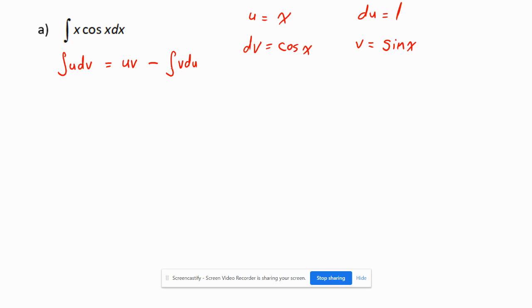We have FUDOV of Vidu. So that means the integral of x cos x equals uv, the of part, x sine x, minus the integral of v du.